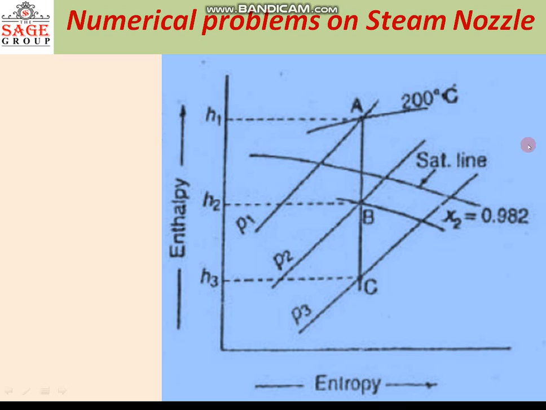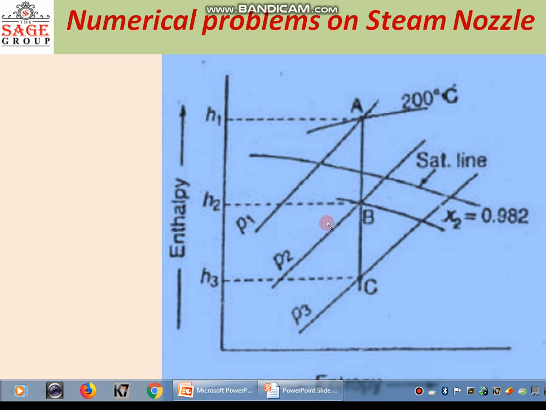From this diagram we can explain that corresponding to pressure P1, that is the initial pressure given, and the temperature 200, that is pressure 10 bar and 200 degrees centigrade, the expansion starts from this point. For the isentropic expansion, the vertical line goes up to the pressure P3, which is 0.5 bar.